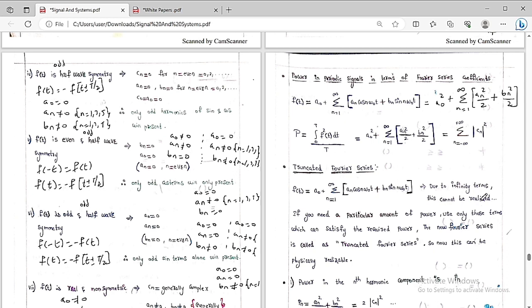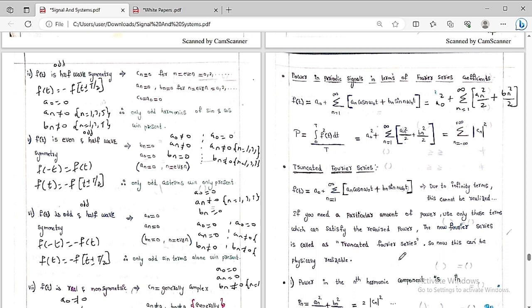So if you need a particular amount of power, use only those terms which can satisfy the required power. The new Fourier series is called a truncated Fourier series.